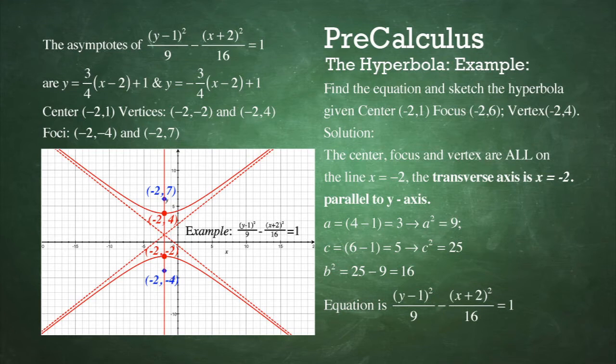The center is the point (negative 2, 1). The vertices are (negative 2, negative 2) and (negative 2, 4). And the foci are (negative 2, negative 4) and (negative 2, 6). These are all shown on the graph.